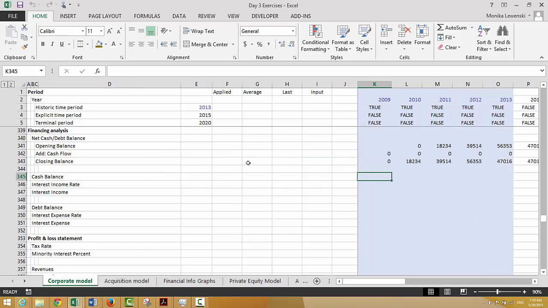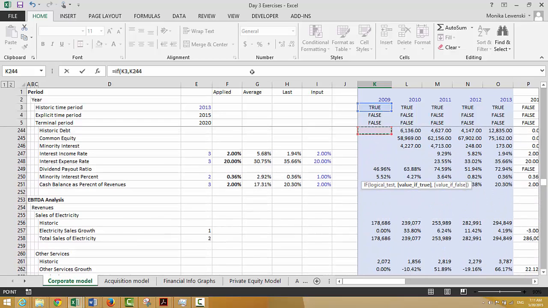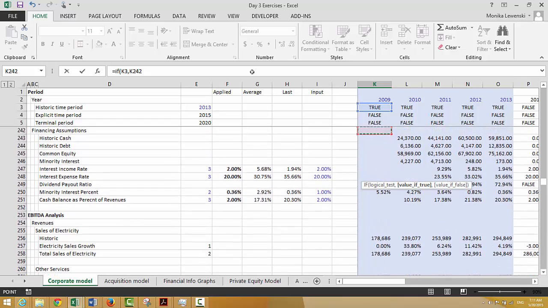Now, if we do this really simply on this one, we put if it's the historic switch. Again, the historic switch is such a beautiful thing because the historic switch, this was cash, I hope. If it's the historic switch, we'll use this.